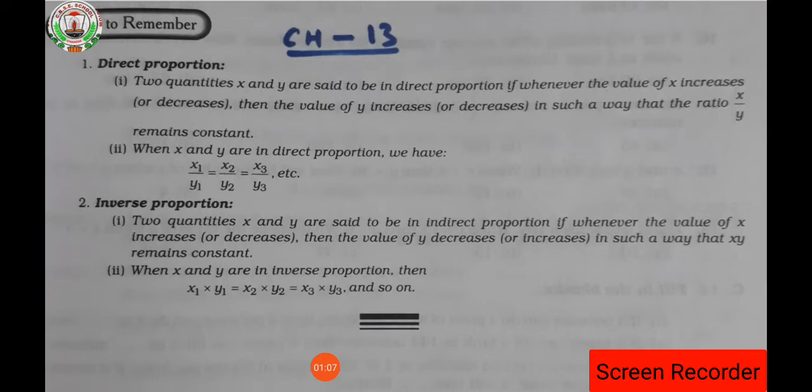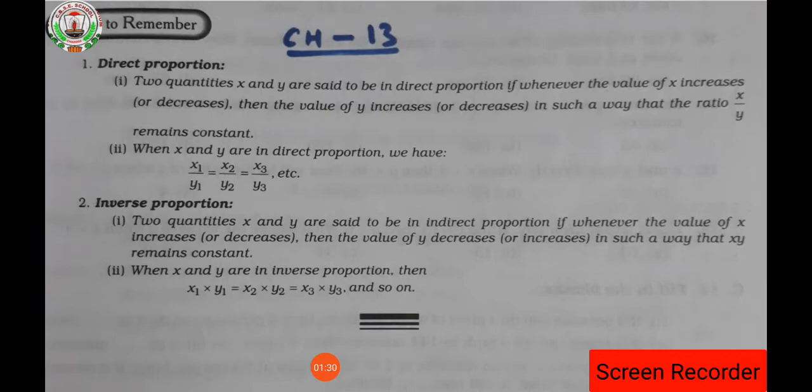It means that when the value of x is increased, automatically the value of y will increase. In the same way, when the value of x decreases, automatically the value of y also decreases. It says that the ratio of x and y remains constant.